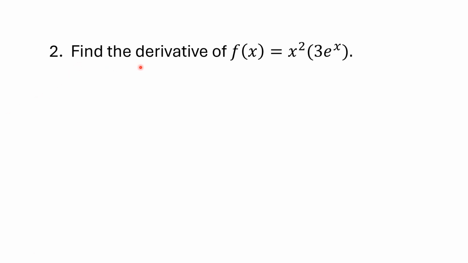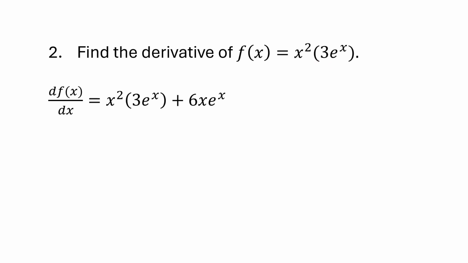Now here we're going to find the derivative of f of x equals x squared times 3e to the x. So we have a product. The product rule says we take the first function, in this case x squared, times the derivative of the second.